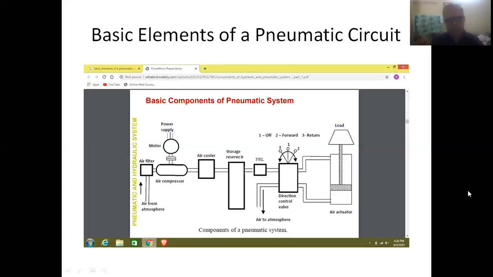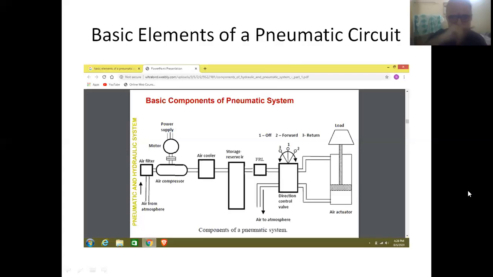So in any circuit, friends, the first position of the DC valve is used for performing the forward stroke of the piston, and the second position of the valve will be used for performing the return stroke of the piston. So this is point number one.